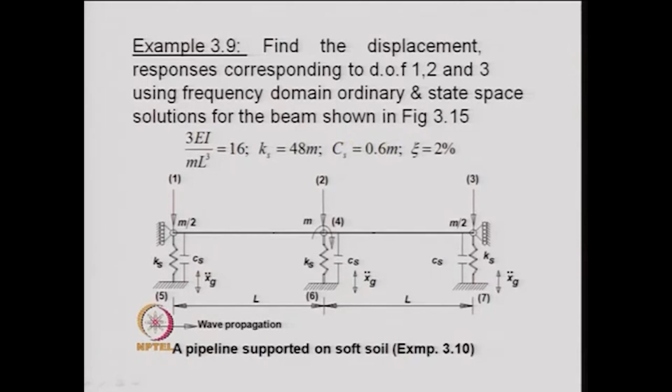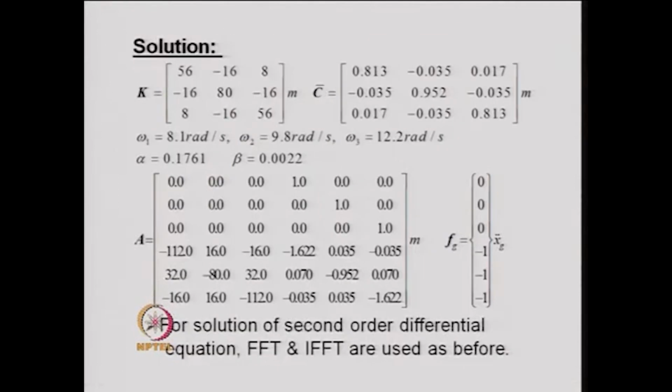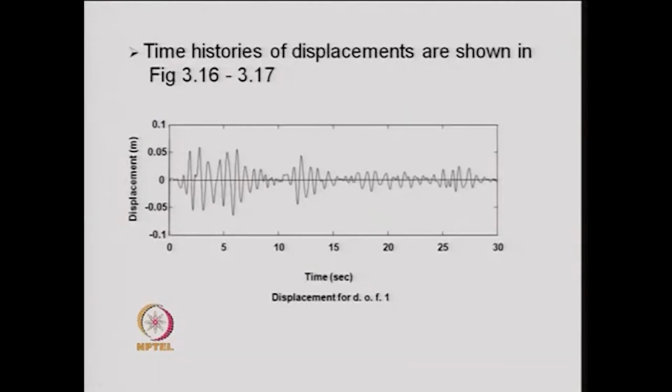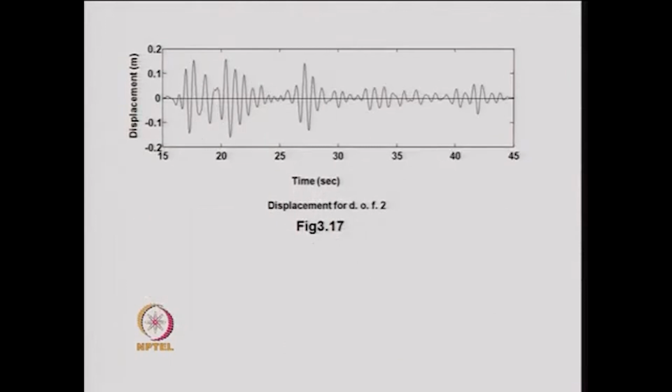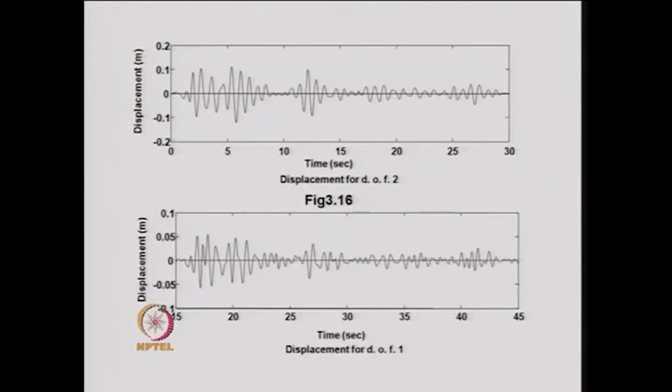So, ordinary means the solution of the second order differential equation, and the state space solution is the one in which the Hj matrix is different than the small hj matrix that we obtain for the second order differential equation. And the results you can see that they compare very well.